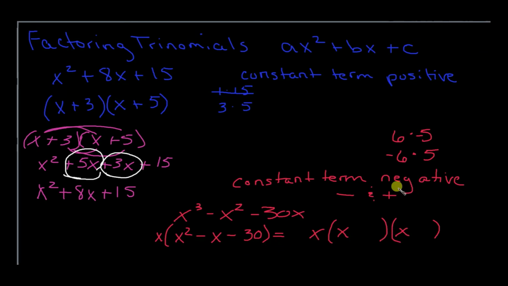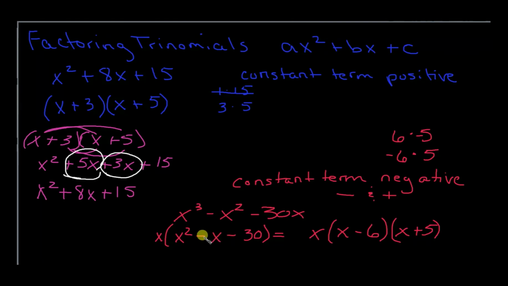Then the negative 6 and the positive 5 multiply to negative 30 and also add to negative 1.